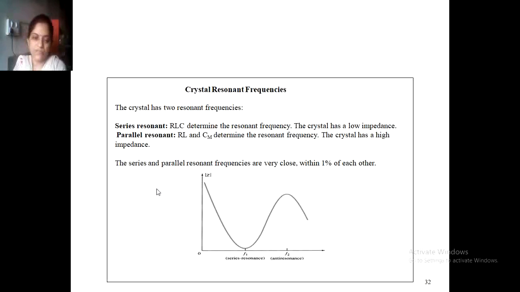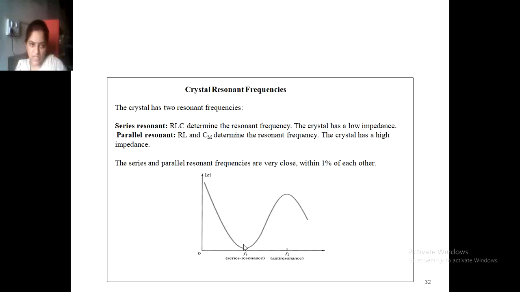Here, impedance versus series resonant and anti-resonant is shown, with frequencies F1 and F2. See here, for the series resonance, at zero frequency there is a high impedance, but as the oscillation frequency increases, the impedance decreases.